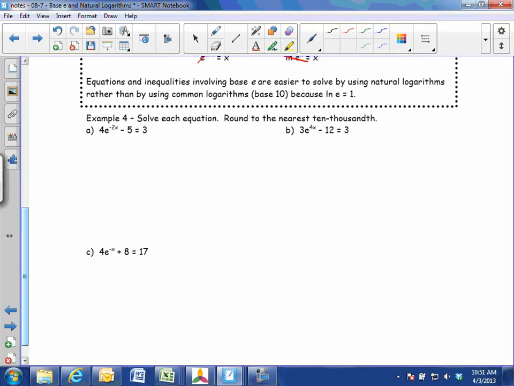They're gone. Okay, so when I'm looking at something like this and I'm solving, when I have an e in here, I want to get this by itself. So I would treat e to the negative 2x as one whole unit. I cannot break it apart. Write this for a second. Okay, I want to get it by itself. Think about it as if this said 4y minus 5 equals 3.